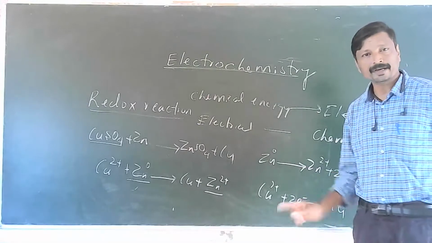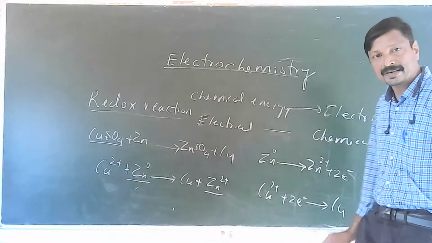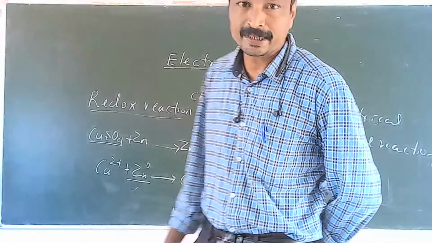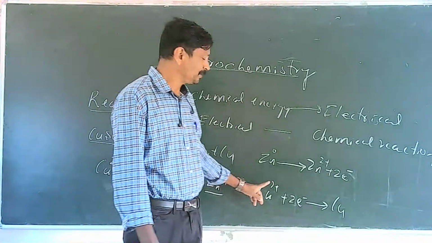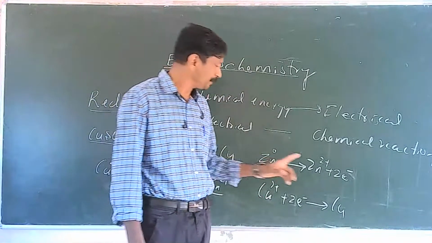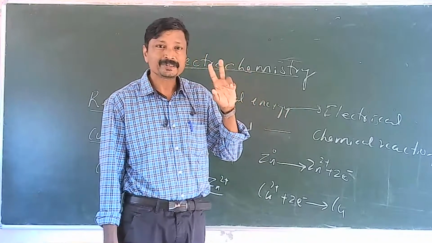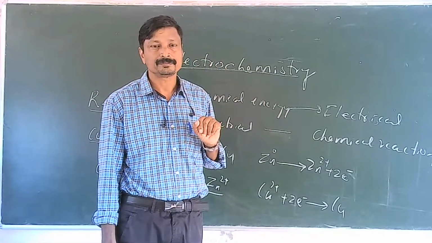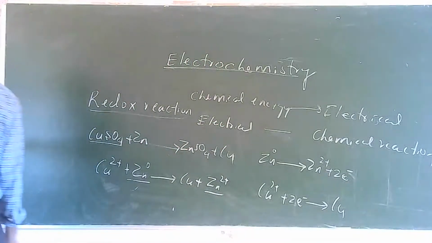Oxidation is removal of electrons; reduction is addition of electrons. Oxidation is an increase in oxidation number, reduction is a decrease in oxidation number. The Cu2+ is converted into Cu, its oxidation number decreased by 2 units. So, clear? Another example I have given.